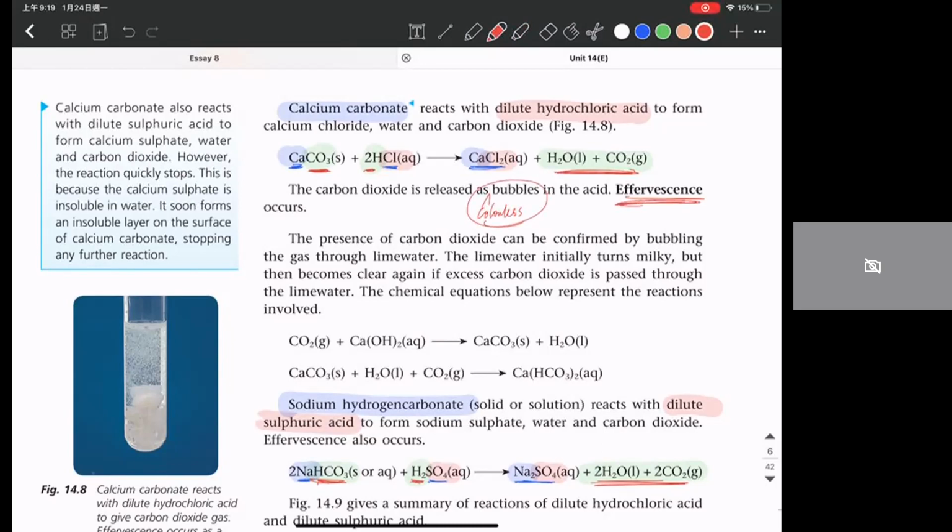The presence of CO2 can be tested by bubbling the gas through lime water. The lime water turns milky first, but if there is excess carbon dioxide, it will turn clear again. So these are the two equations. Do you still remember that?